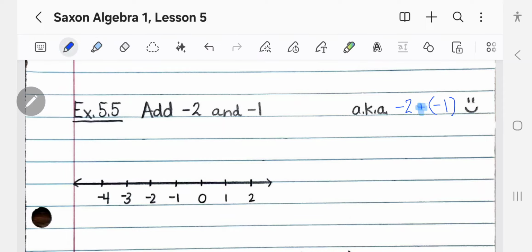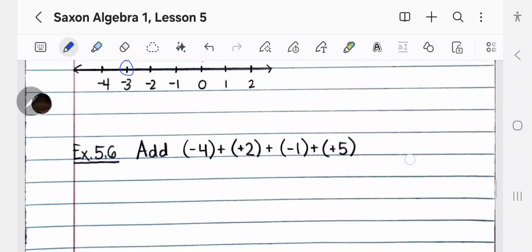That addition sign is saying I'm adding this number plus this number. So we're going to start at the origin and we're going to go -2 and then pick up from there and go back 1 more, and you'll see that you end up at -3.